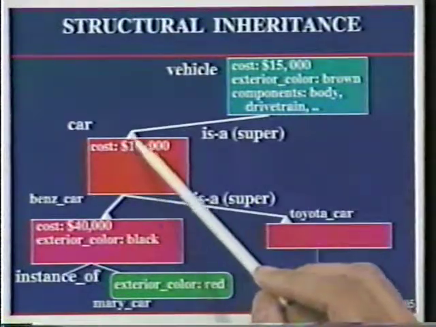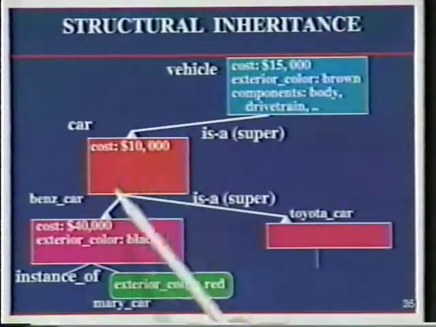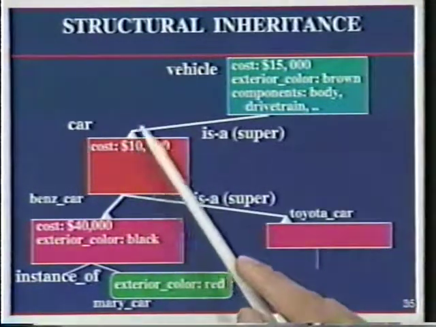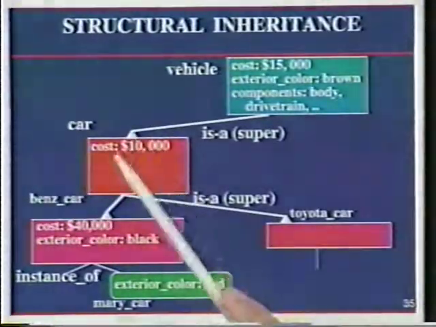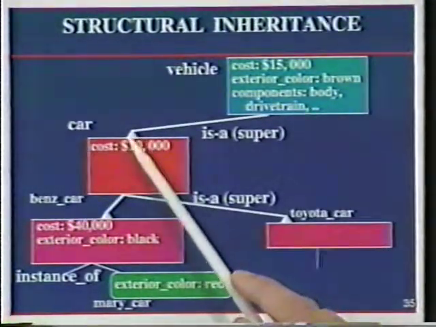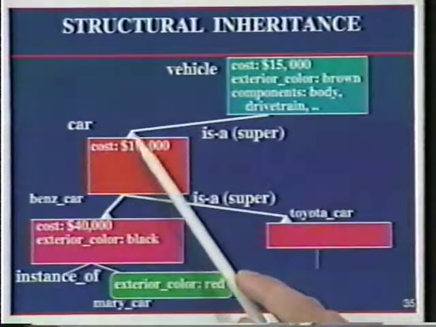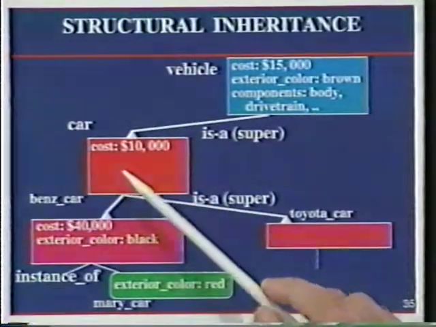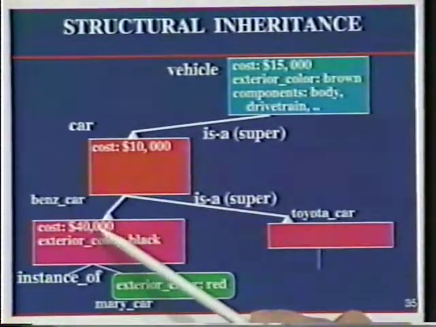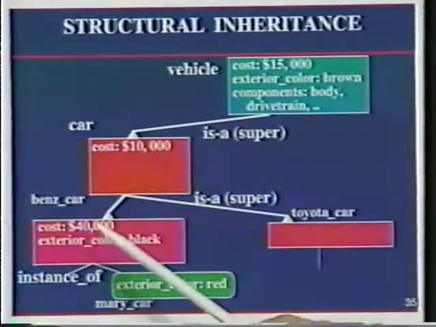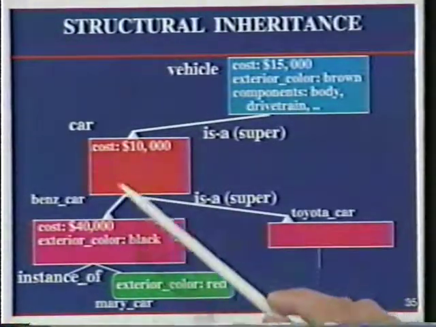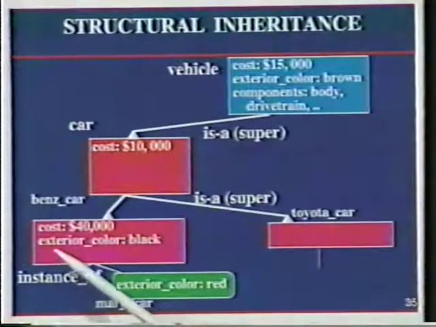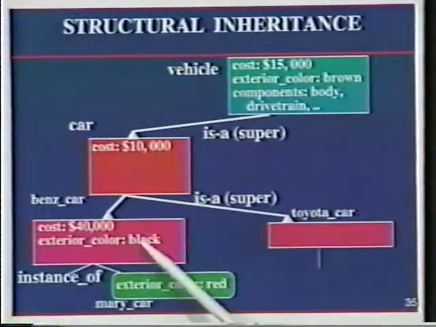I have a triangle here. I will tell you what the triangle is later on when we talk about object oriented software development. For the time being, just understand that this denotes the subclass relationship. Now if you take the BENZ car, BENZ car is a car, but I have changed the exterior color to black.